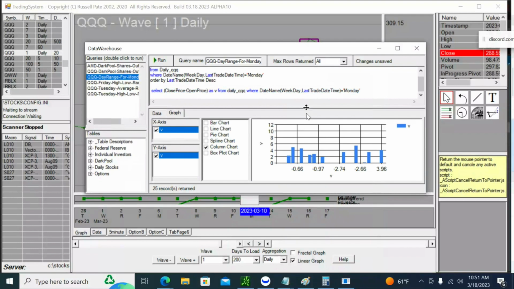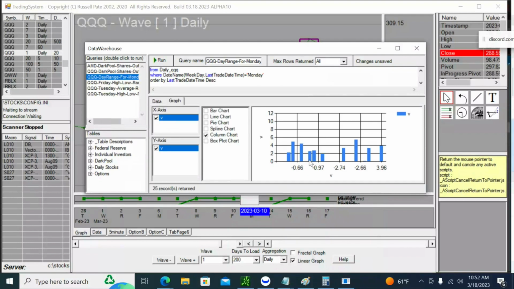So that's the differential between where it closed and where it opened. I'll have to build a query because that's not the next day. But anyways, what I'll do is bring over a query.